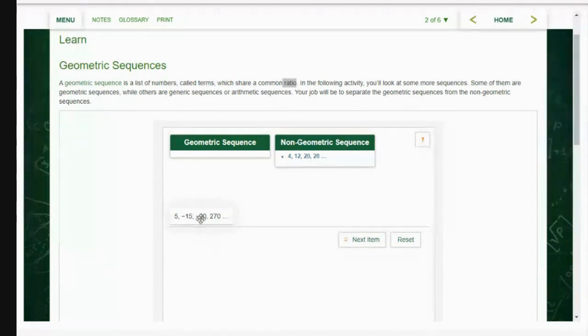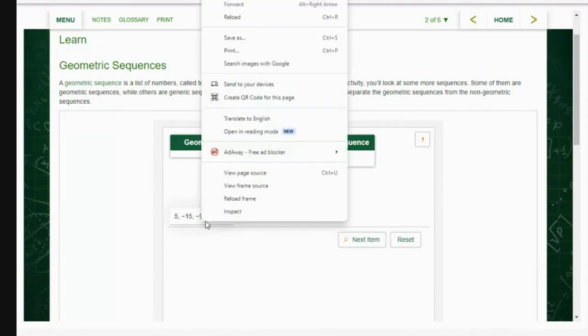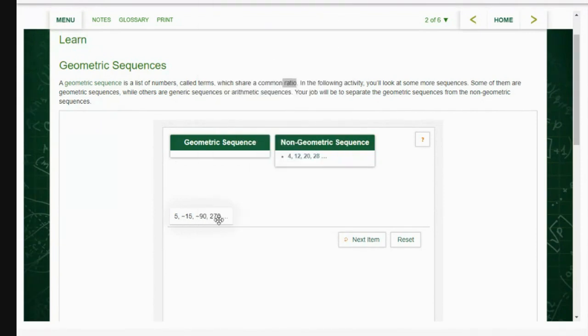5, -15, 90, 270. Let's see. This is times -3. This is times 6. And then it's times -3. Well, the problem is when we divide 90 by -15, we get -6, but when we divide 270 by 90, we get 3.